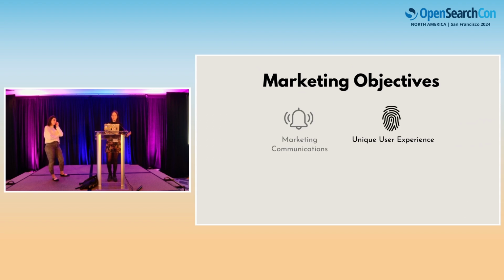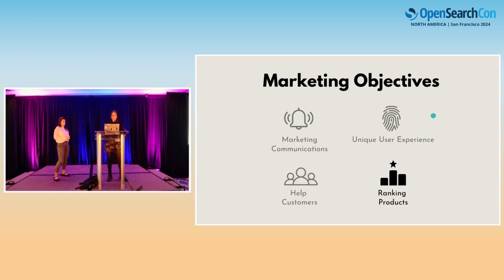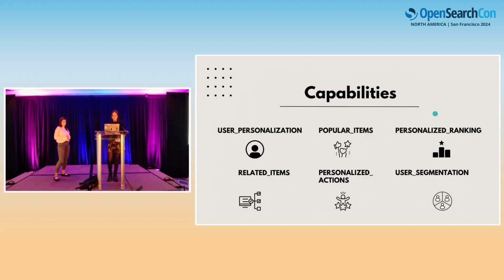So we have different homepages, although we are using the same application. It also helps your customer, because they are not going to spend so much time searching, but actually watching the things they want to watch. And it provides ranking of the product. So when you are using Amazon Personalize, you are able to rank things according to different recipes, which we will see. So this is a lovely user experience.